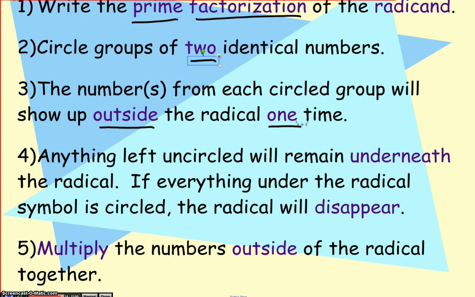Even though you're circling two, you're only going to put it one time. Anything left uncircled will remain underneath the radical, and if everything under the radical symbol is circled, the radical will disappear. Last step, multiply the numbers outside of the radical together, and then you stick them together and you will have your simplified version.